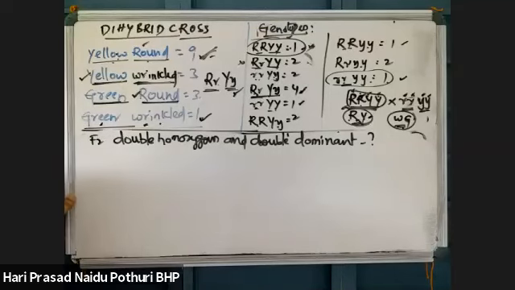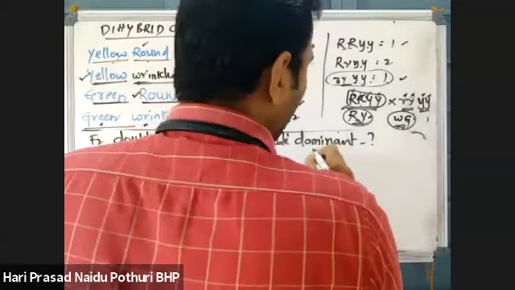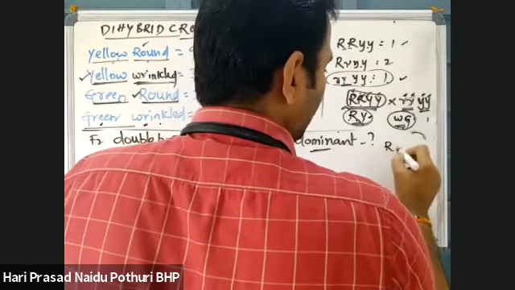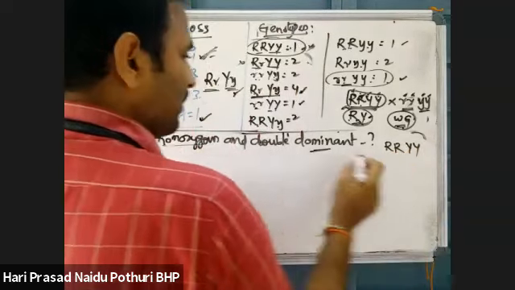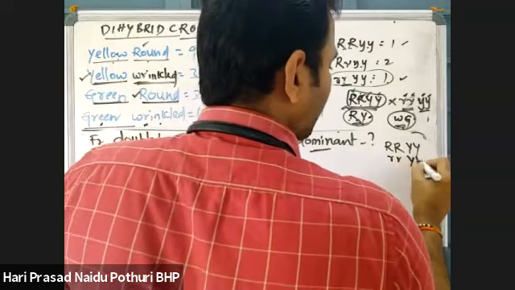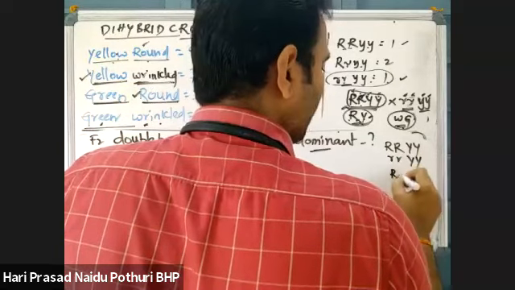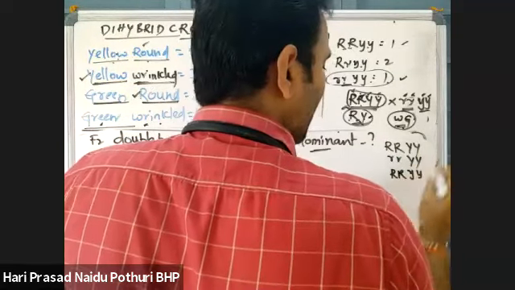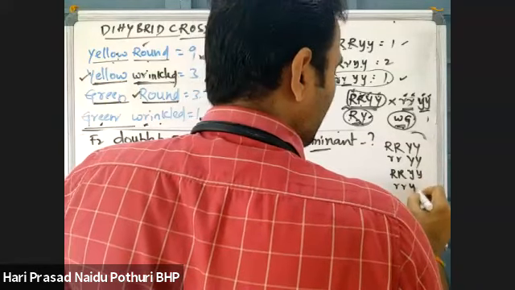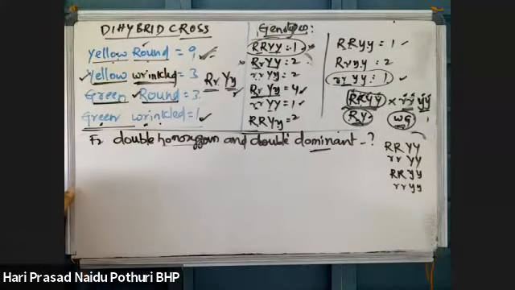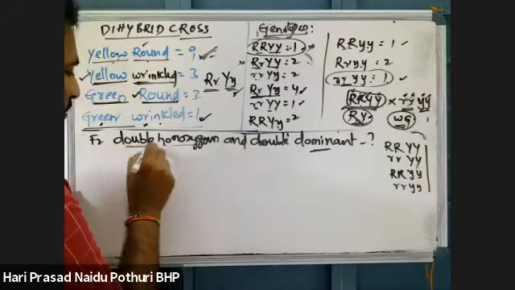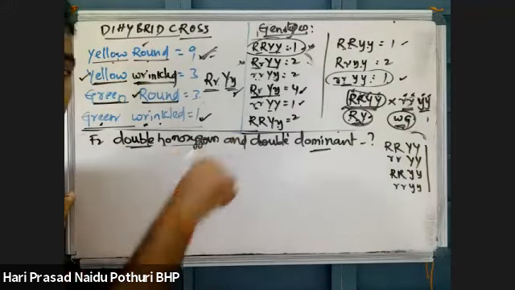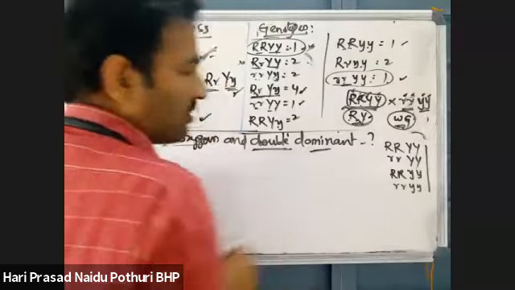Double homozygous means what? Both genes are homozygous. That means capital R, capital Y. This one. Small r, capital Y. Homozygous for both genes. Capital R, small y. Small r, small y. So these both conditions are what? Double homozygous. But the question is double dominant.